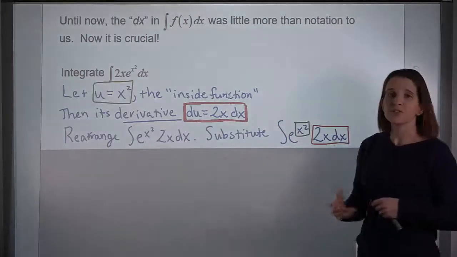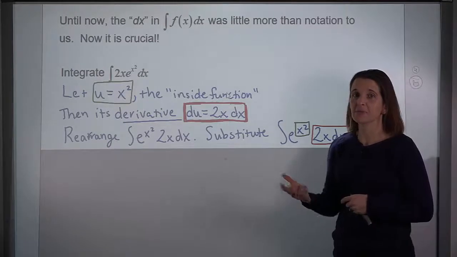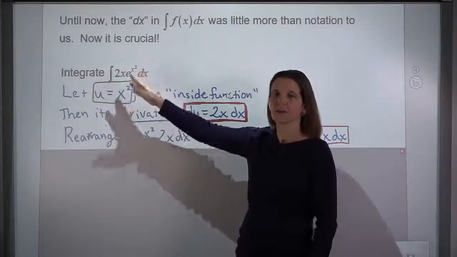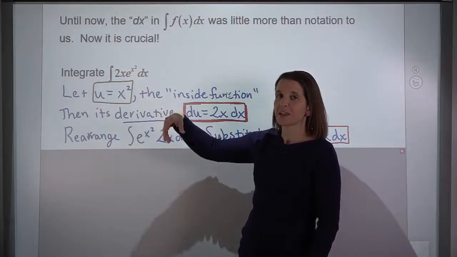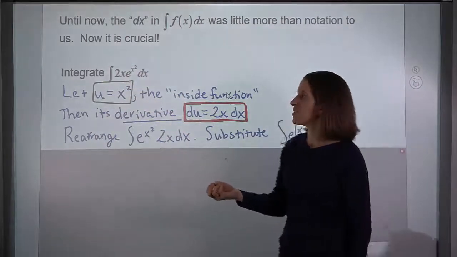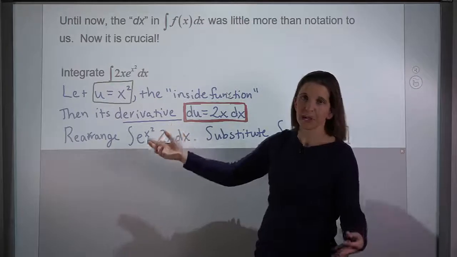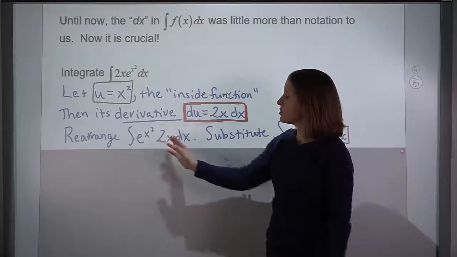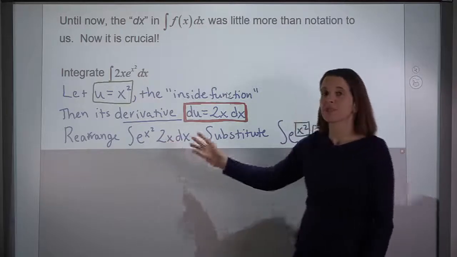There will be many times where you might want to just rearrange things. It is typical for us to put the 2x out front, but right now I want to group things together that go together, and multiplication's commutative, right? The order doesn't matter. I'm allowed to do this. I'm just going to switch the order of the multiplication and put the 2x back with the dx.